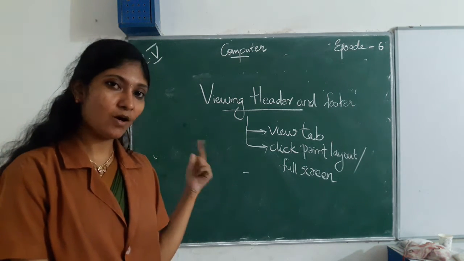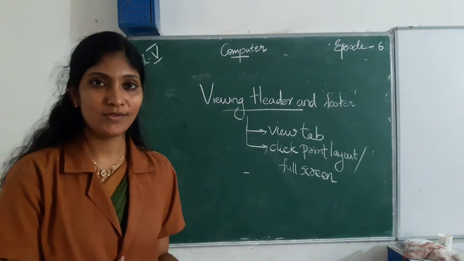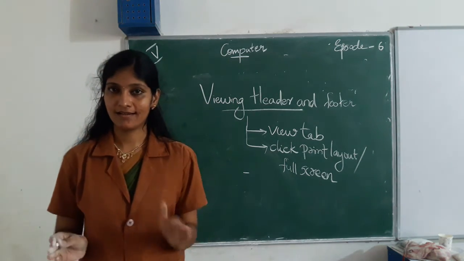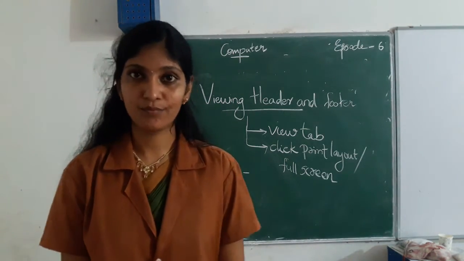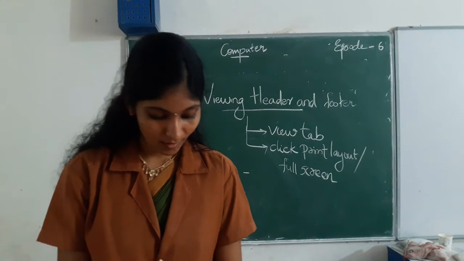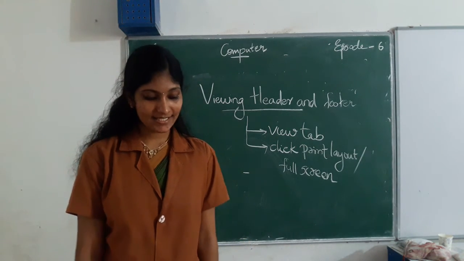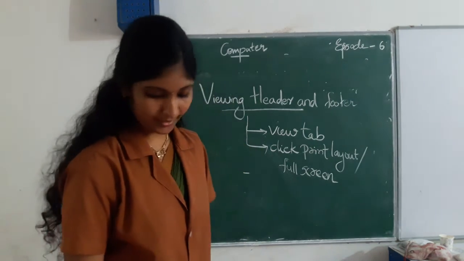Click the print layout option or the full screen option. Now you can see the header and the footer on the page, right? Okay. Next is removing header and footer.